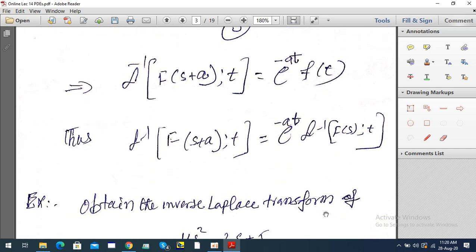So now you can see e power minus at times the Laplace inverse of F of s. What is this? This is f of t. So you can see that we have proved this.